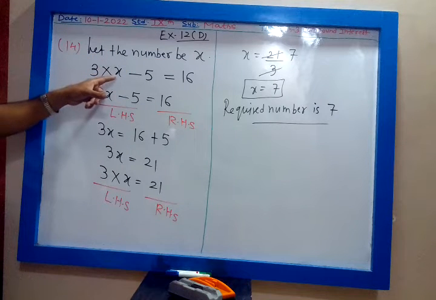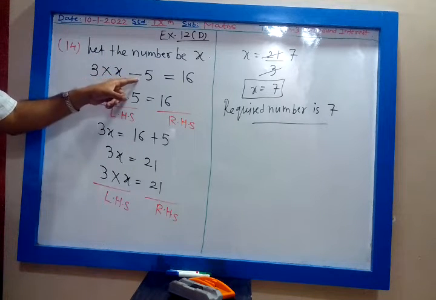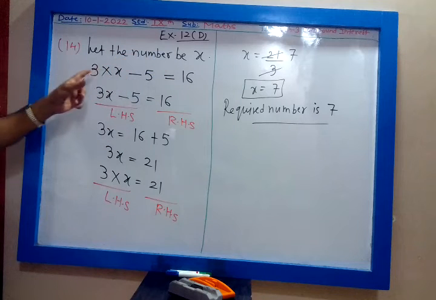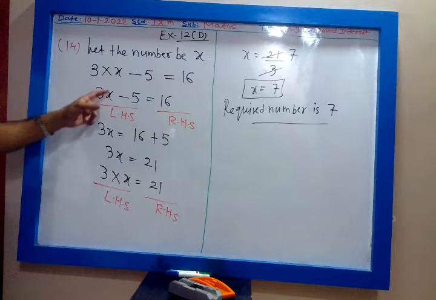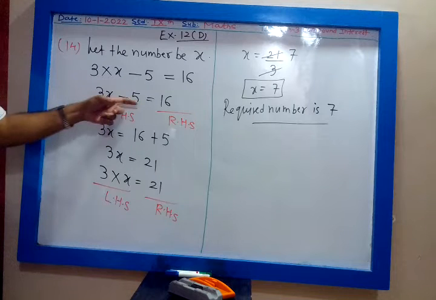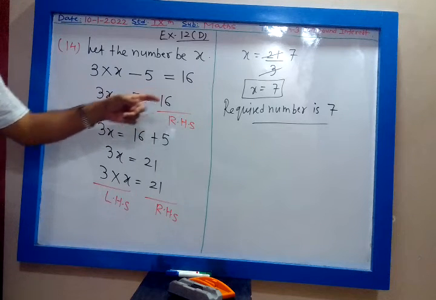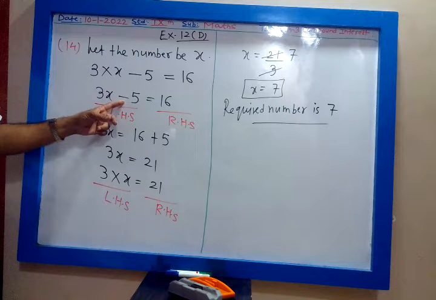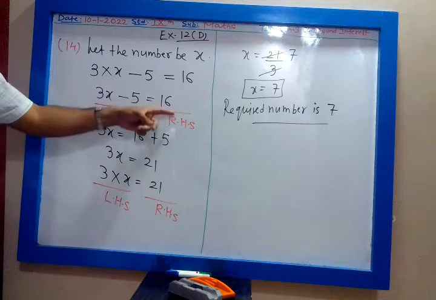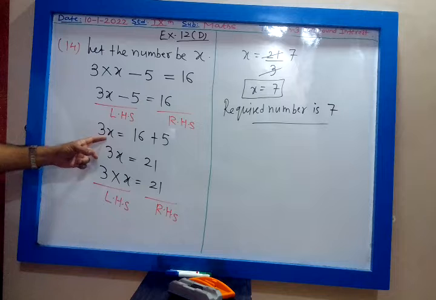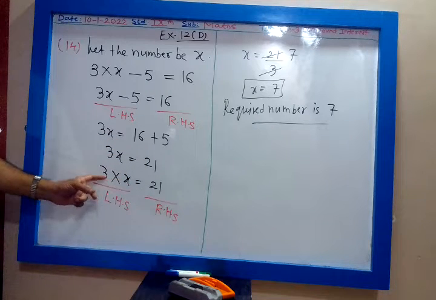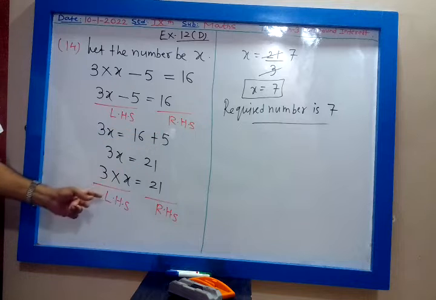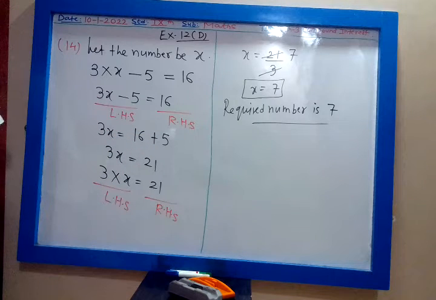So 3 into x minus 5 is 16. 3x minus 5 is my left hand side, 16 is the right hand side. Minus 5 goes to the right and becomes plus 5, so 3x is equal to 21. X is 21 upon 3, x is 7. Required number is 7. Okay, yes, simple question.